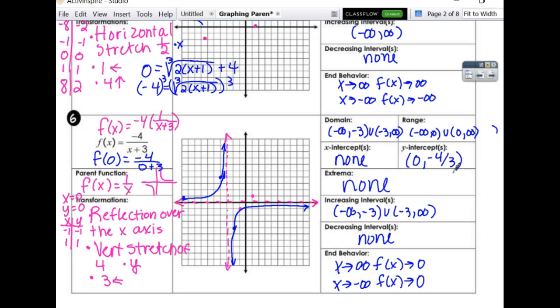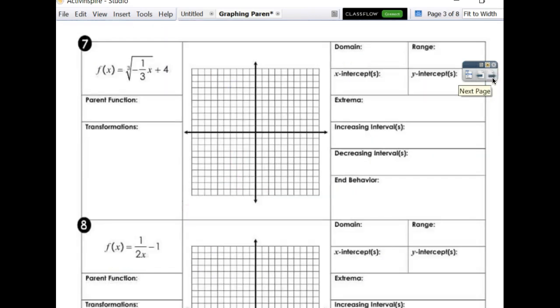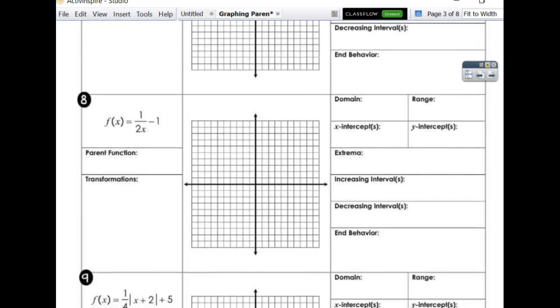Okay, so number 8. It's the rational function again.